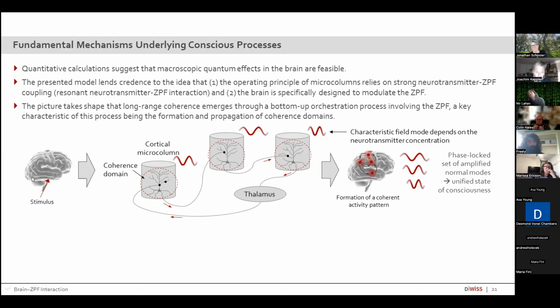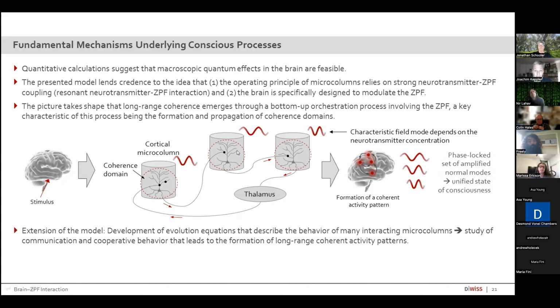This is the physical engine behind it, resulting in coherence domains, coupling of coherence domains in long-range activity patterns. But at the end of the day, it is this accompanying feature, namely the amplification, the boosting of a set of field modes in the zero-point field, which makes up a unified conscious state. So this is the main idea behind it.